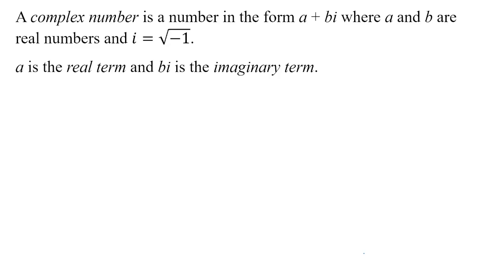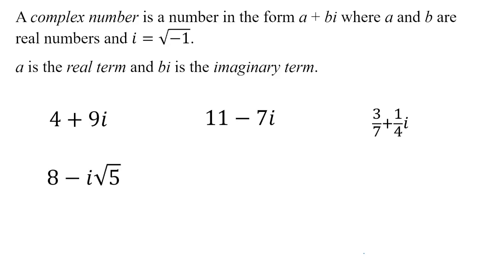Now what I want to do next is give you some examples of complex numbers. 4 plus 9i is a complex number. 11 minus 7i is a complex number. 3/7 plus 1/4 i is another complex number. 8 minus i times the square root of 5.